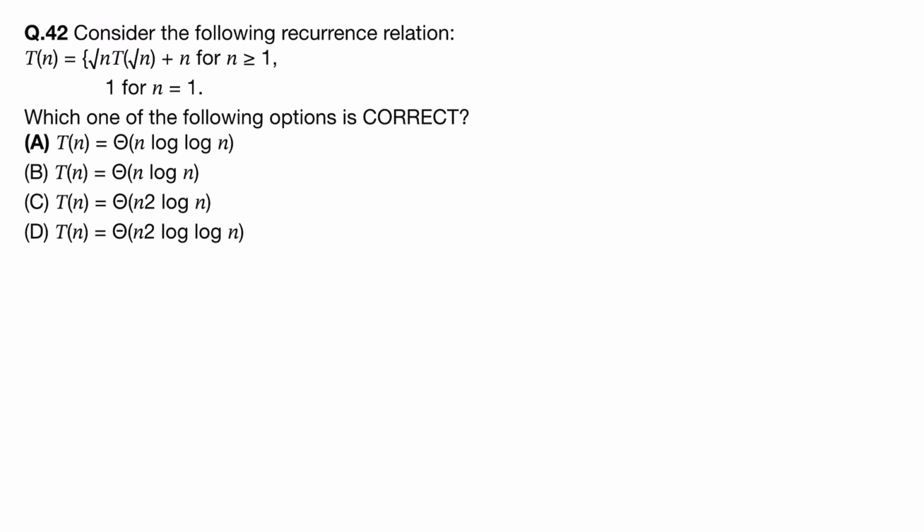So see, we will solve it using Master's theorem. At first, bring it into the form of Master theorem so that we can apply it here. T(n) has been given as root n T(root n) plus n for n greater than or equal to 1.